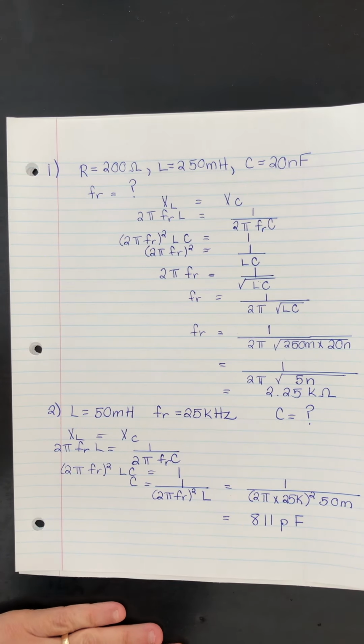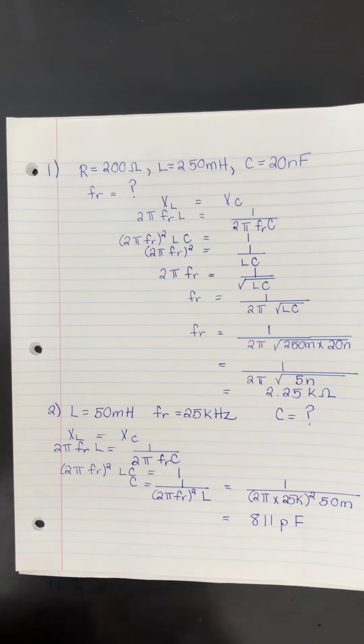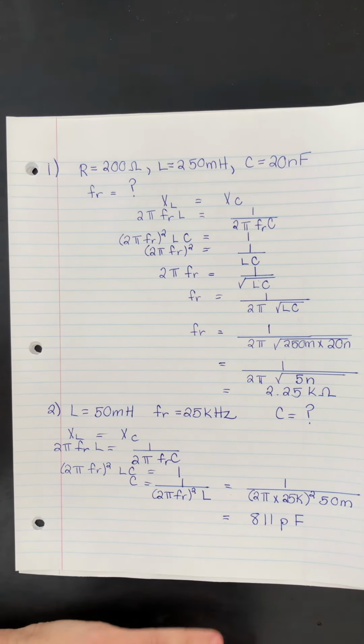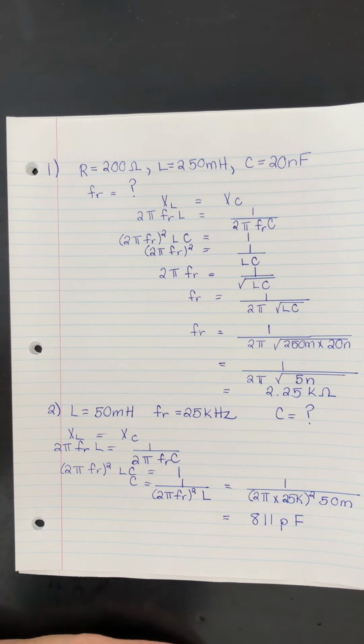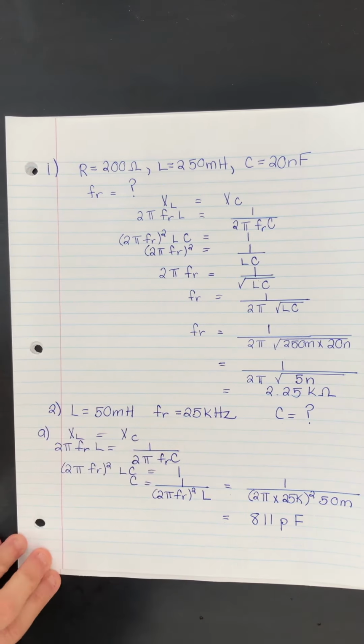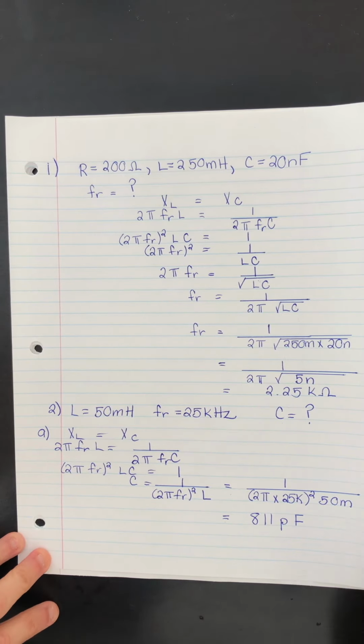And then once you had XL, you would know that that is also equal to XC. And then having XC, you could figure out the capacitance. So maybe I should show you that here as well. Maybe you're interested in that. So why don't I say that's solution A. And now I'll show you a second possibility.